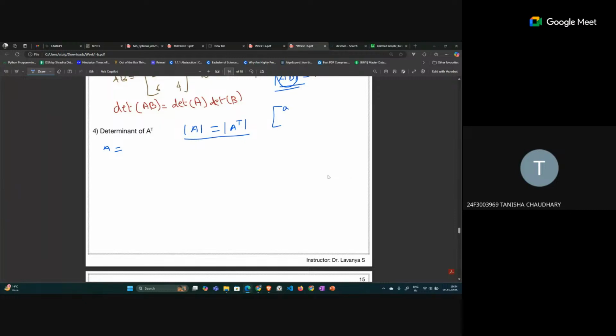Interchange of rows and columns. Exactly. Basically, suppose this is the 1, 2 entry, first row, second column, and this is second row, first column. This is second row, second column. So basically, we will interchange these values, and then we can get these entries.